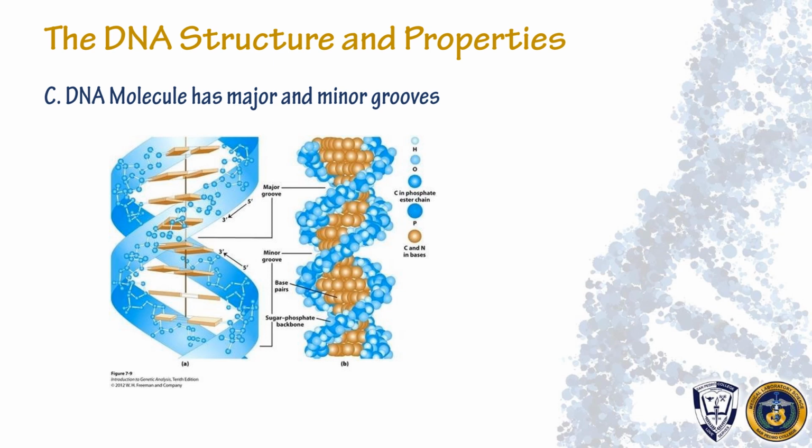So again, major groove, wider ang kanyang space or indention with each other. And then, yung minor groove naman is narrower of the two grooves in a DNA double helix.